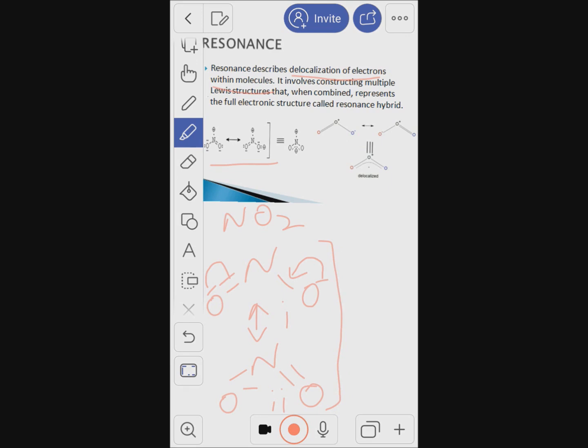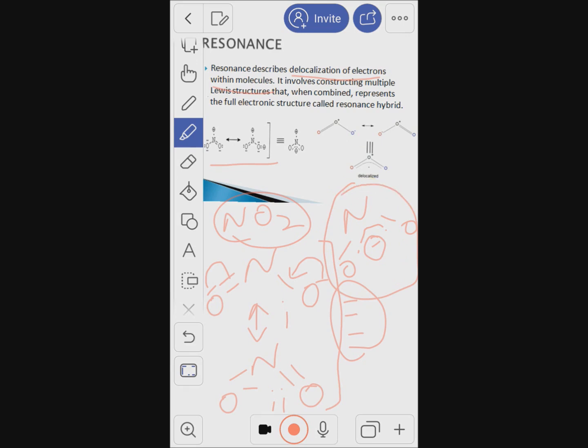These two structures alone cannot explain the properties of the NO2 molecule. It means there is another structure which explains all the properties, which is represented by these 3 lines, and here it is N, O and O, and this is the delocalization of negative charge, and this structure is called resonance hybrid.